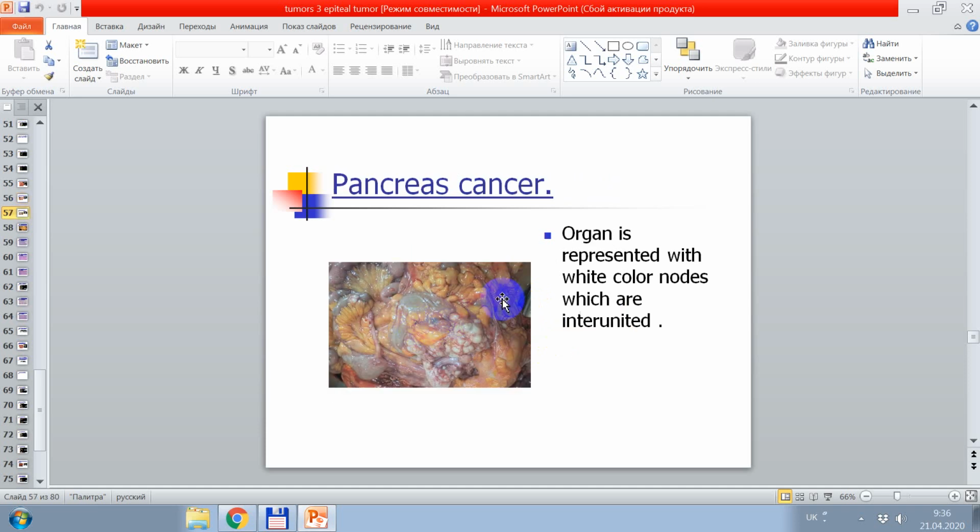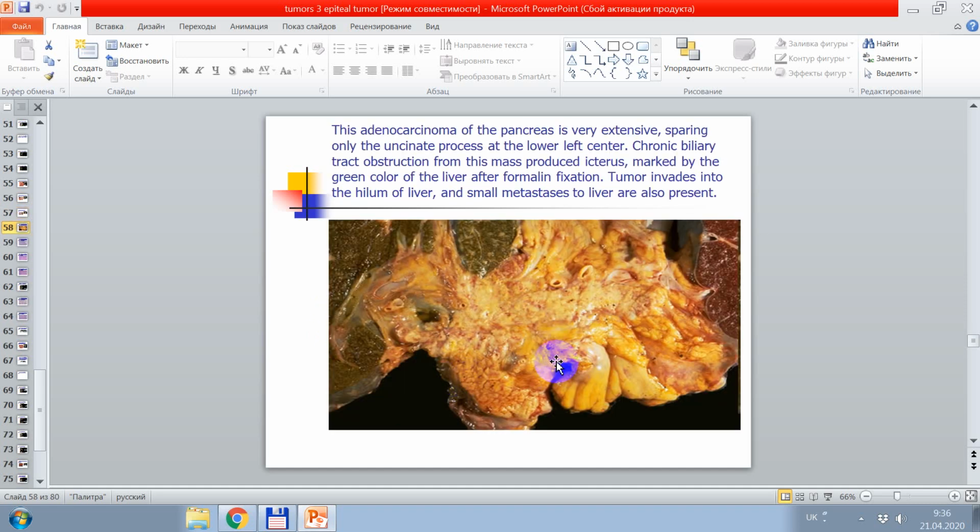This is pancreatic cancer; macroscopically the organ is represented with white colored nodules which are merging. This macroscopic specimen shows adenocarcinoma of the pancreas that is very extensive, sparing only the uncinate process at the lower left center.